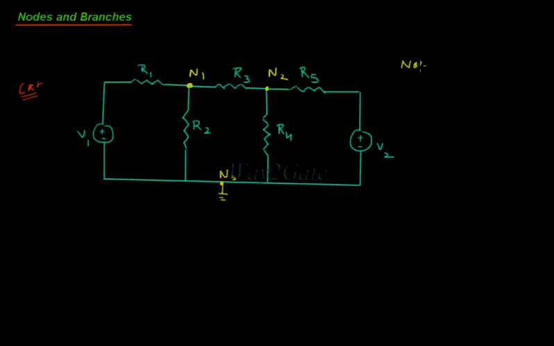Therefore, the total number of nodes is equal to 3. The node considered at the ground is called the reference or datum node.